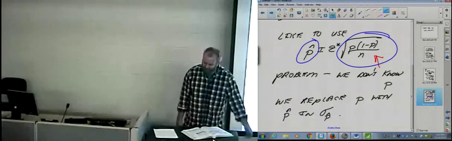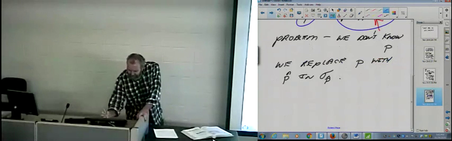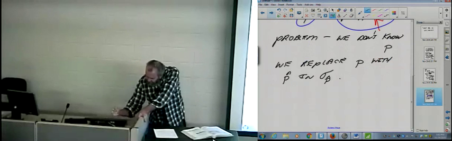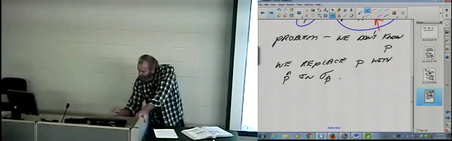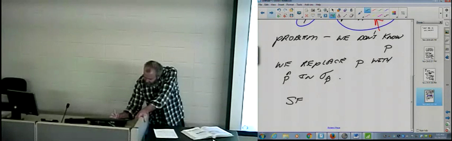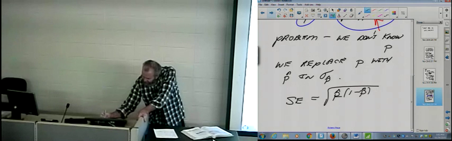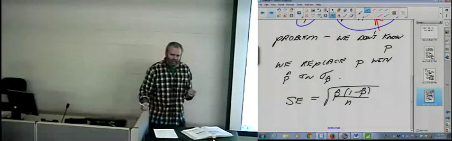Now, the catch is this. When I replace P with P hat in that standard deviation, there's something called the standard error. And it's this right here. When I try to estimate P with P hat, that's no longer the standard deviation.